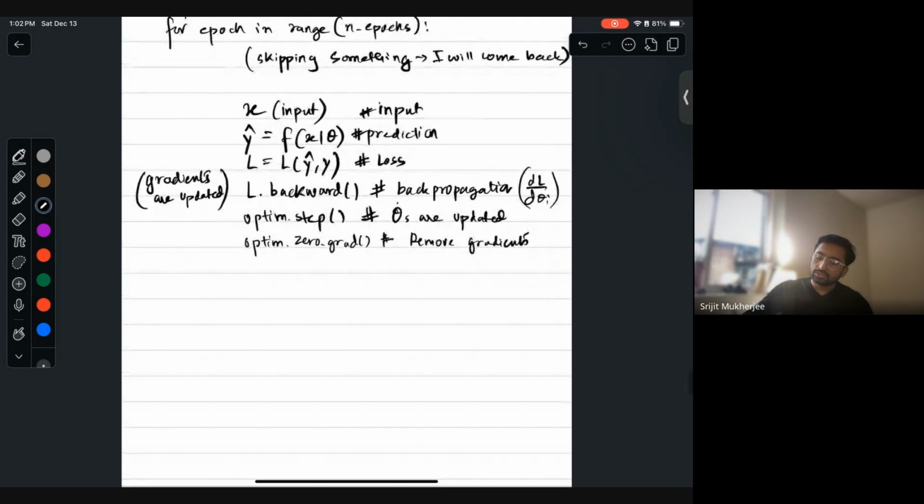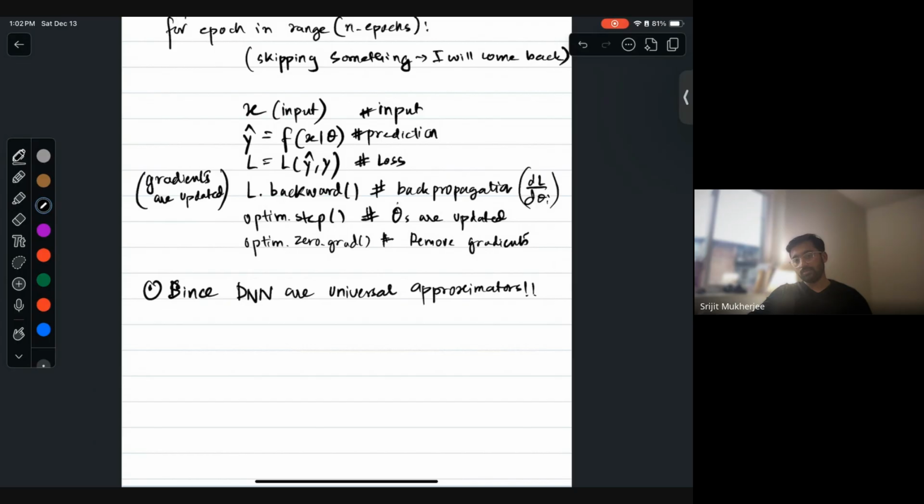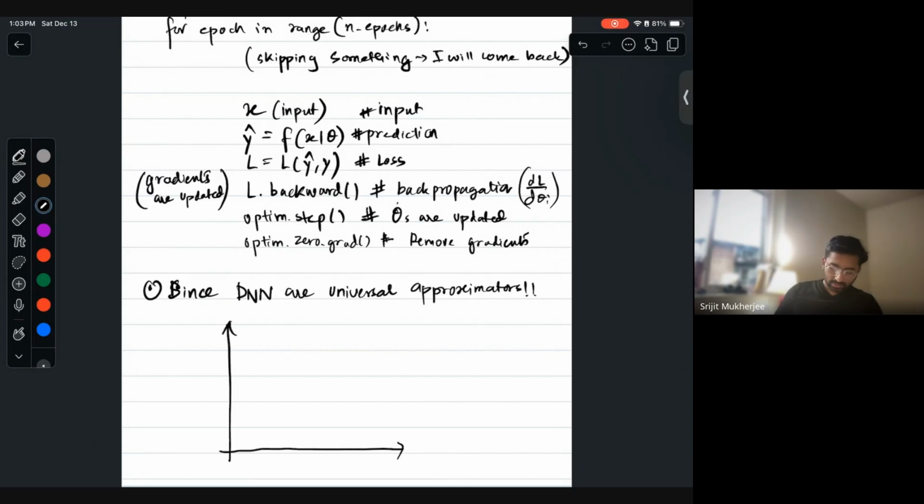When you run this for long, since deep DNNs are universal approximators, as you train, this is the epoch and this is the loss.